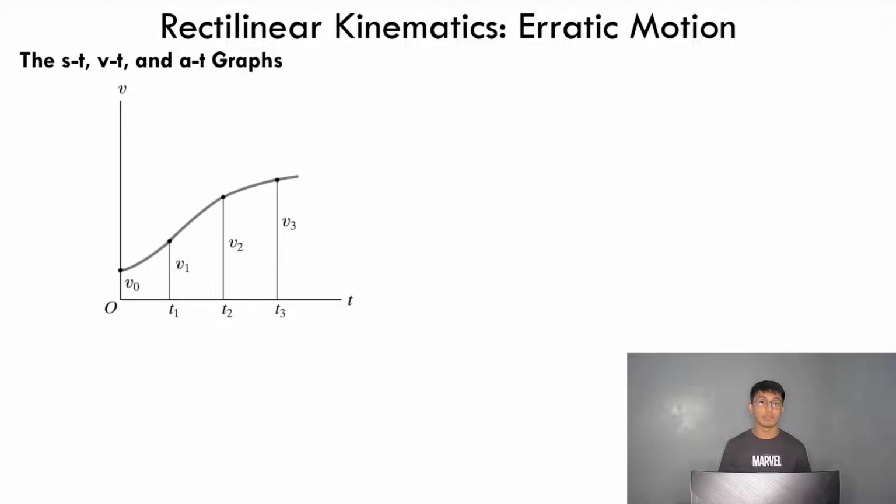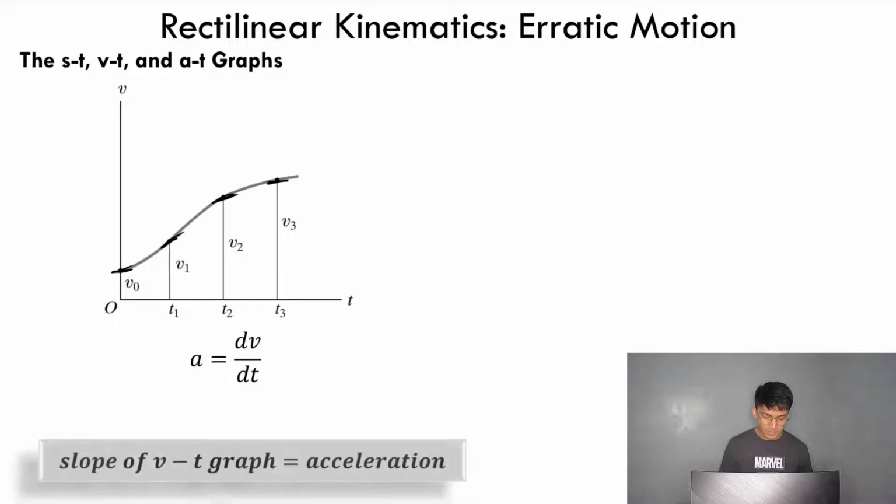Next, how do we create an AT graph given a VT graph? Here's another example of a VT graph. We can see these points again. Same as the process earlier, where we created a VT graph from the ST graph, this time we will create an AT graph from the VT graph. These slopes are our acceleration.